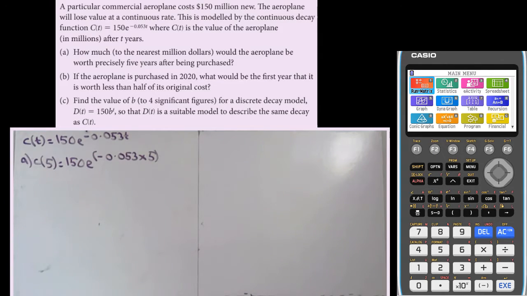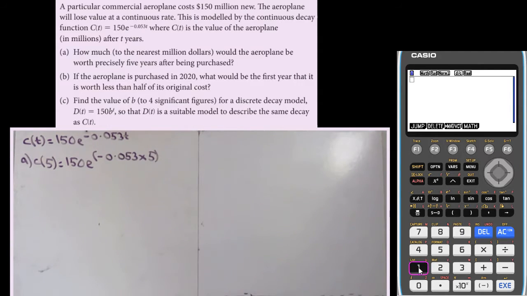So if we go to our calculator, we just put in 150. E is just above the ln button, you can see it there, e to the power of. I don't really need a bracket, but I'll put it in just to be safe. I always feel more comfortable with these if I've got it in. 0.053, forgotten the negative there, minus 0.053 times 5.